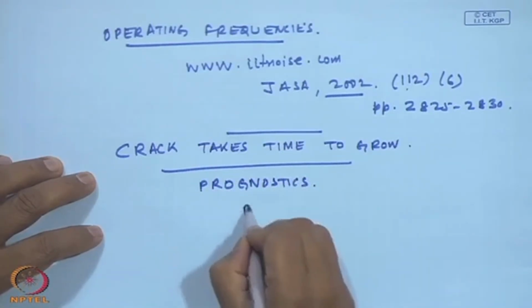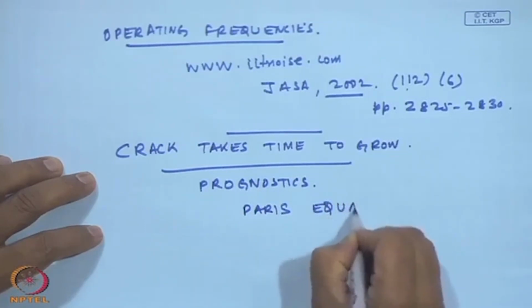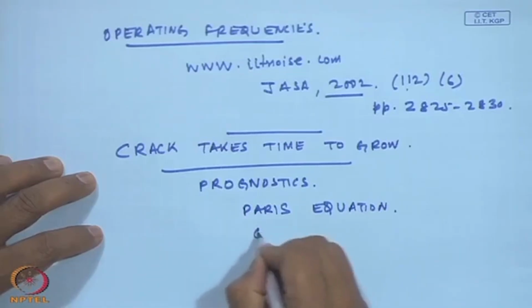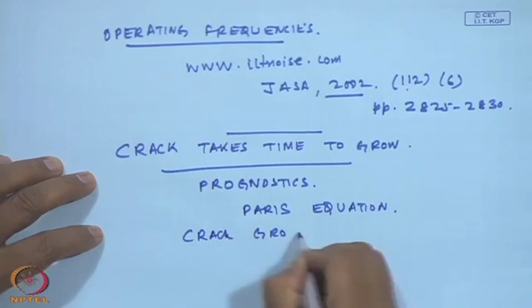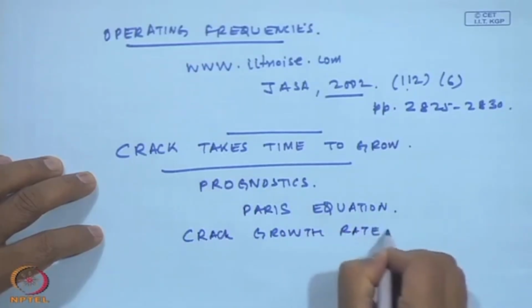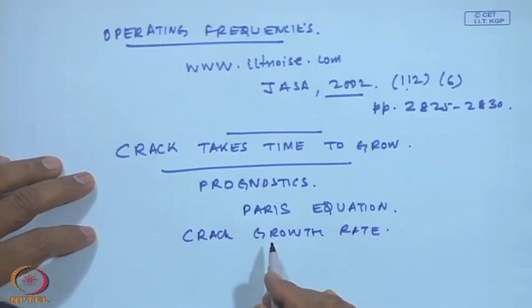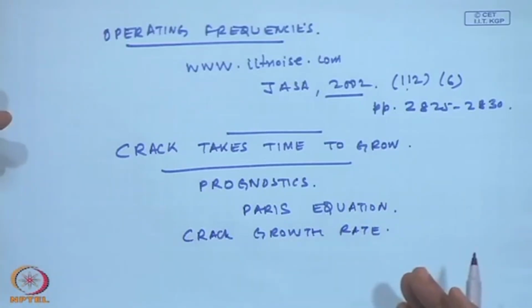You have the famous Paris equation for the crack growth rate, that depends on the material property, the crack dimensions, etc. So, it takes time to grow, and eventually the crack will grow to such an extent that the material would have become weak and it would fail.